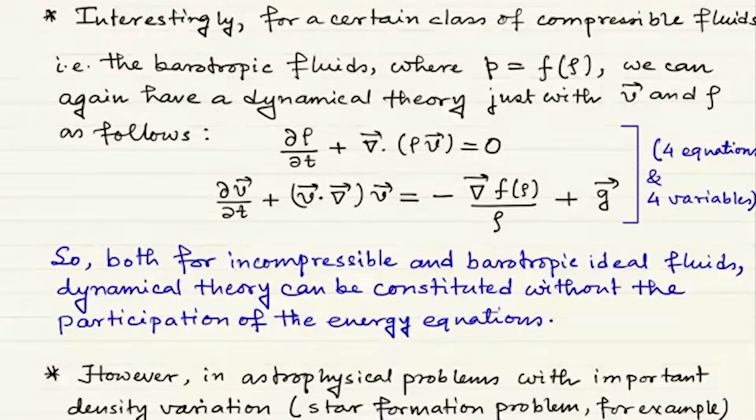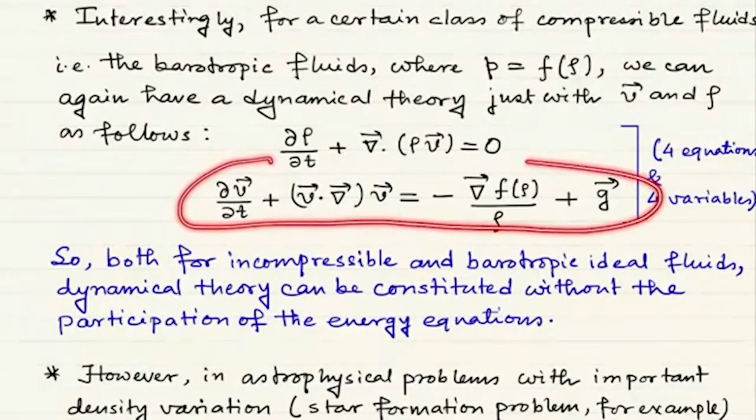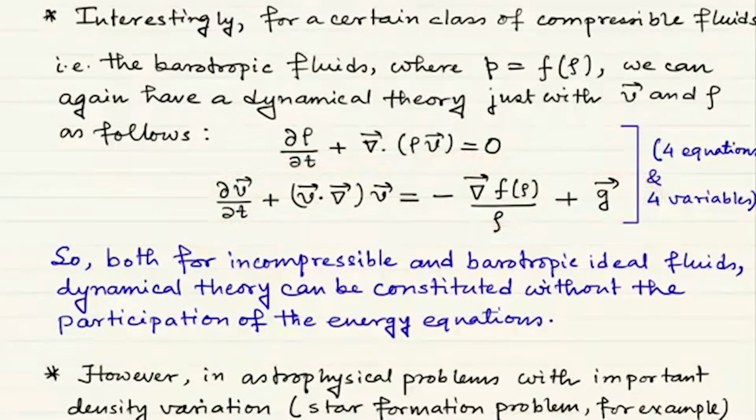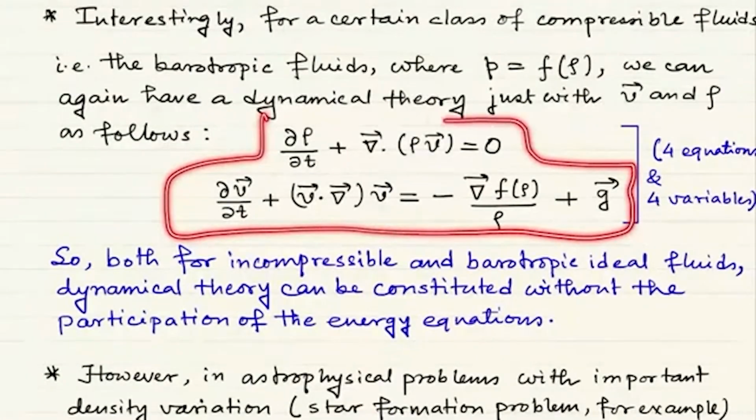already talked about. Okay, and this is the family of the barotropic fluids, where P is a function of rho only. Then again we can write this momentum evolution equation like this, and this P is nothing but f of rho. So finally we now have again these two equations, but now we have four scalar unknowns.